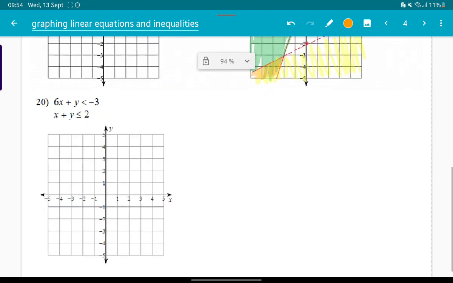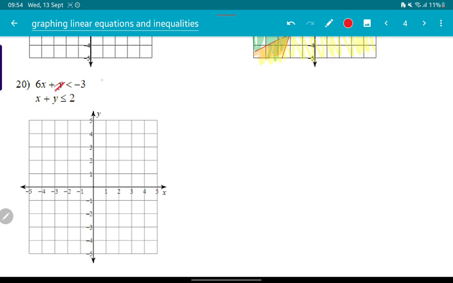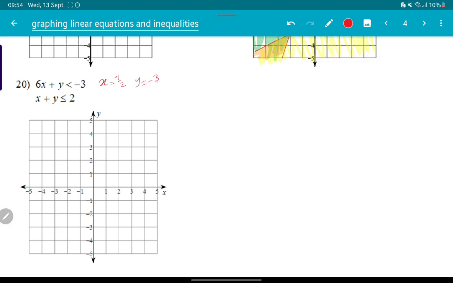Let's try the last one. This is x, x equals 3 over 6, which is half, okay, but negative half, and y negative 3. So this is negative half and this is negative 3.